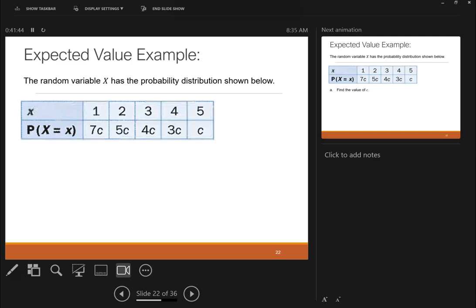So what are the 2 things that we have to have for a probability distribution? Every outcome needs to have a probability attached to it, and the sum of those probabilities needs to be 1. That's the part that I'm going to use to solve for c, because it gives me an equation. So I'd say 7c plus 5c plus 4c plus 3c plus c is equal to 1. And then I can solve for c.